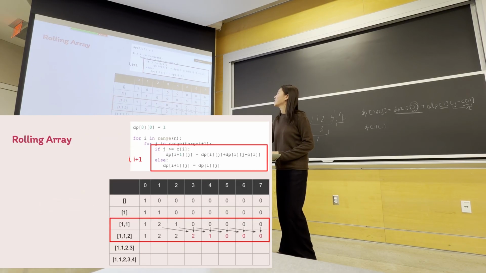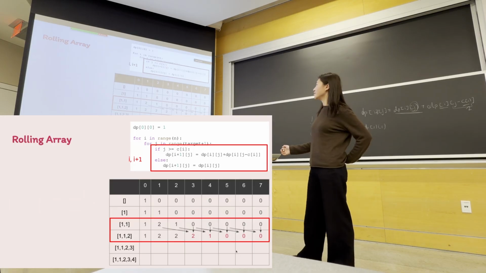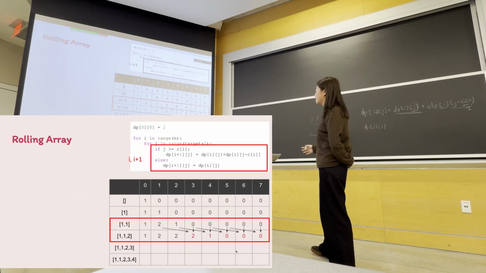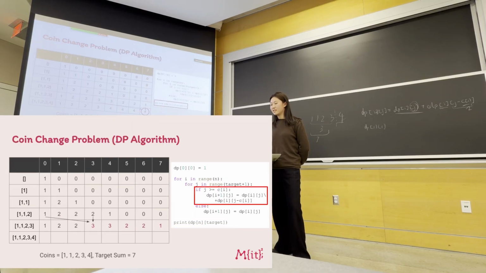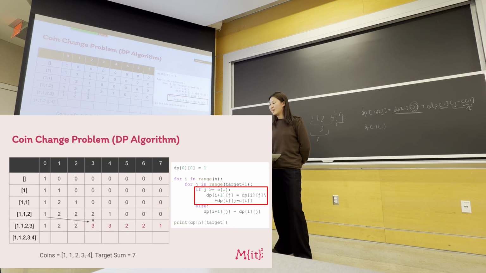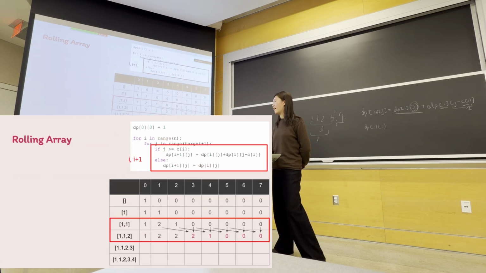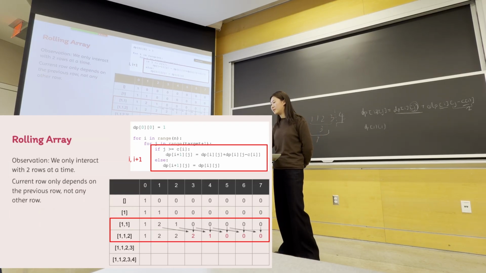Basically, as we talked about, every time we actually only use the current row and the row before it. Therefore, instead of having a 2D DP, we can just make it a 1D DP.